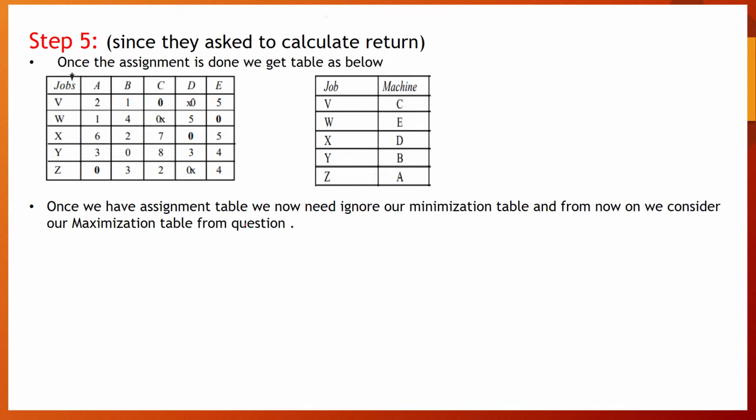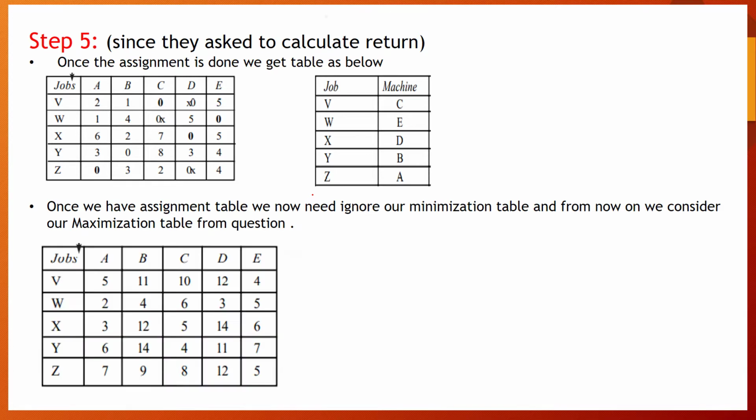Once we have the assignment table, we now need to ignore our minimization table, and from now on we consider our maximization table from the question. This is the main table which we had in the question. So just remember this table, not the table which we created in the minimization or used in steps 1, 2, 3, 4. We need to consider the table in the question.